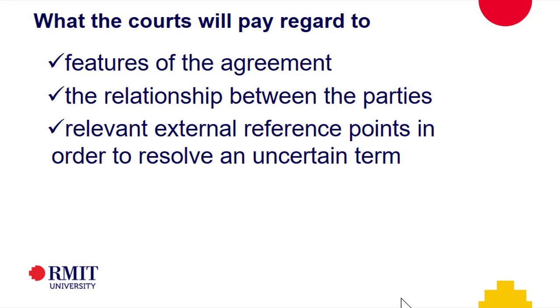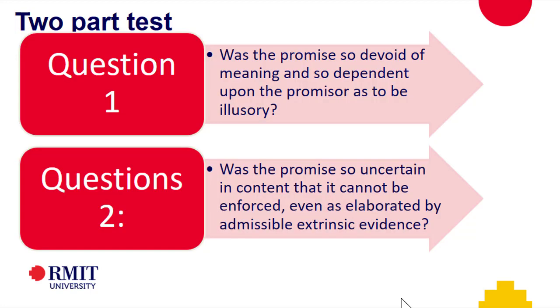We can read this in a sensible way. So Kirby gives us, as he's wont to do, a two-part test. I do like a two-part test, or a test where we can go through each of the steps. Firstly, we ask ourselves, was the promise so devoid of meaning and so dependent upon the promisor as to be illusory?